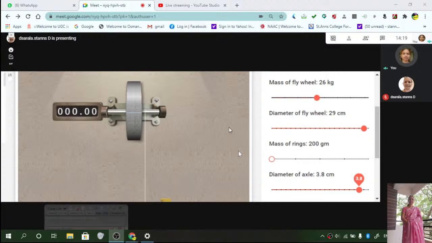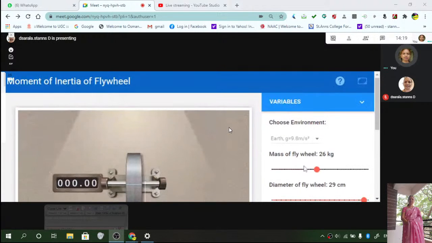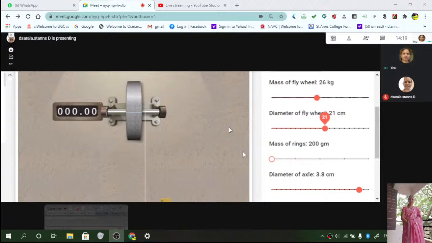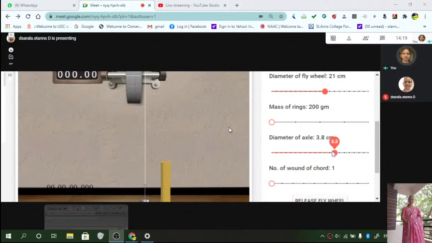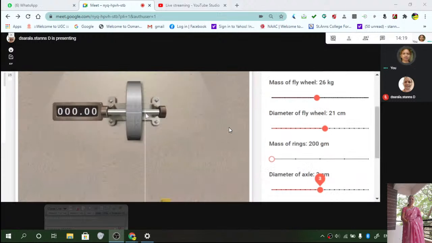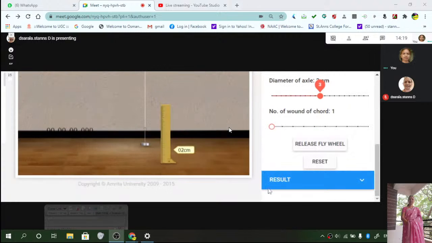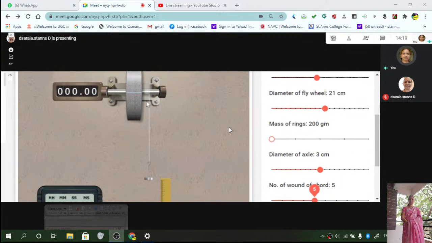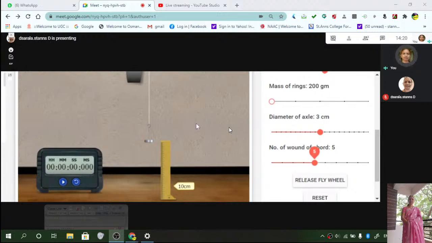Now what you do is, you fix the mass, you fix the diameter also at a particular constant value, and then the diameter of the axle also you keep fixed. You change the number of windings, the thread windings, let us say 5. Fix it at 5. You can count the number of threads here, they are equivalent to 5. And then keep these things fixed.